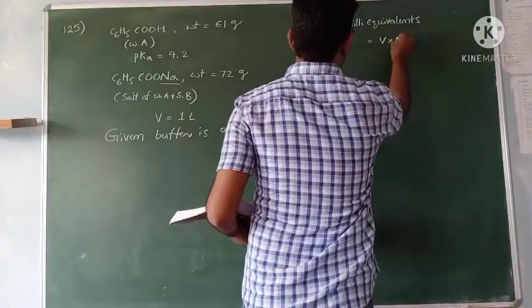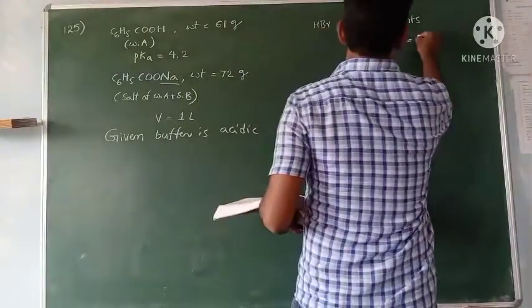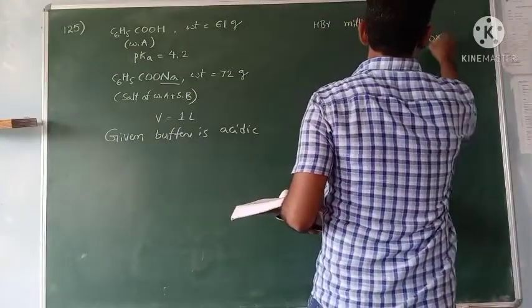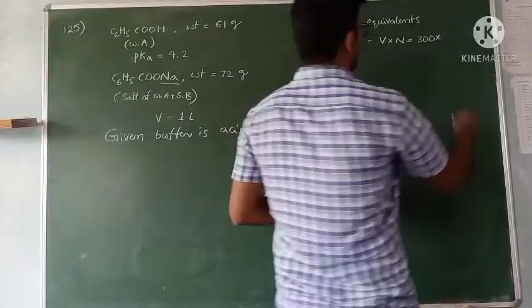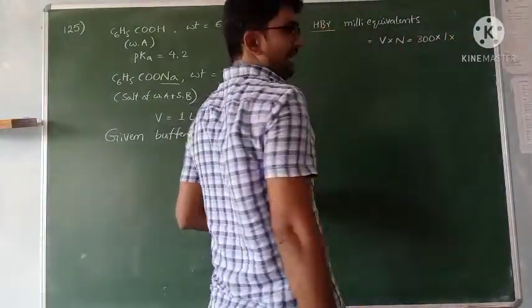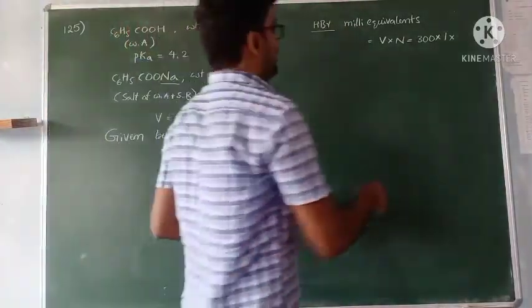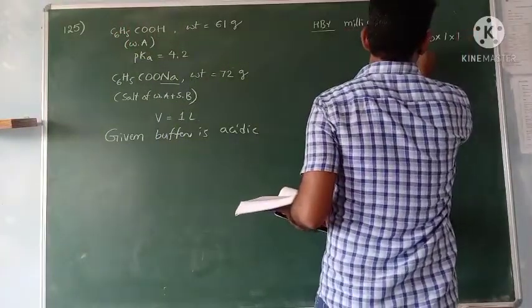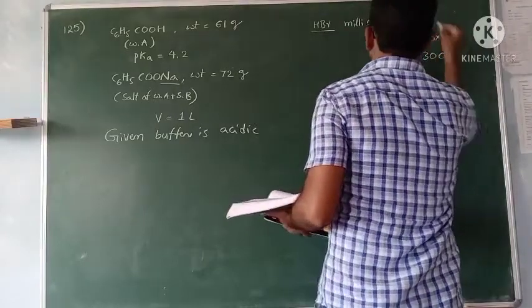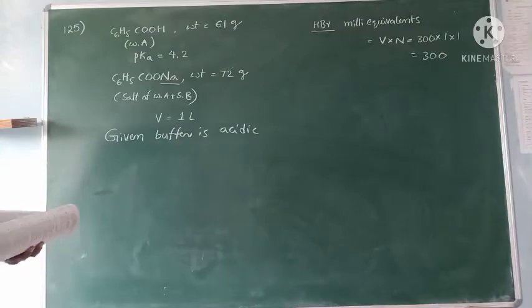That is V into N. Volume is 300 ml into molarity 1, and HBr N factor value, how many H plus ions does it give? Only 1 H plus ion. So this is 300.